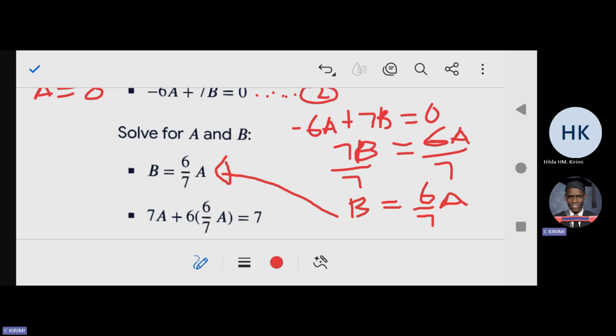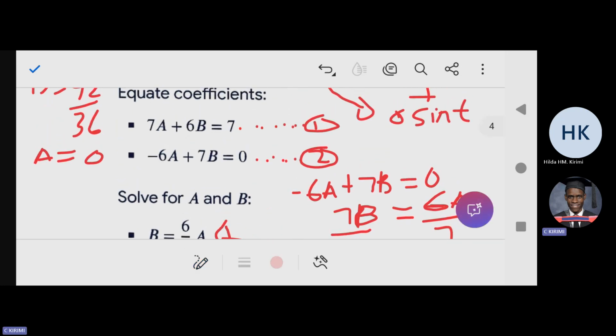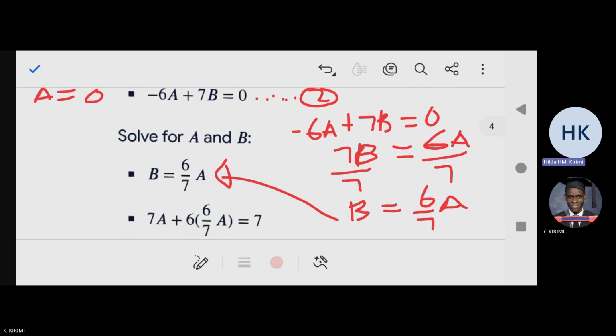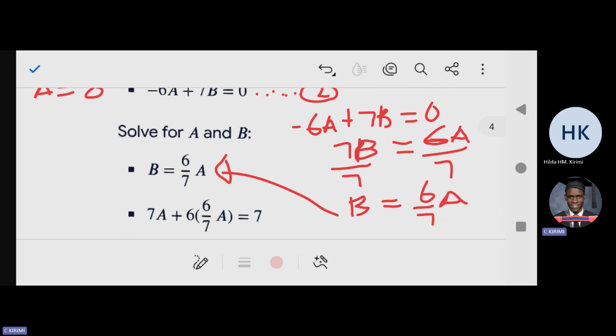Then I replace b wherever it appears in equation number 1, because I want to solve for a. I replace b with 6 over 7 a. So 7a + 6 multiplied by 6 over 7 a is equal to 7.